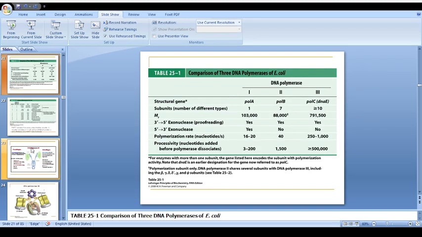Here is a comparison of 3 DNA polymerases of E. coli: polymerase 1, 2 and 3. Now we are going to see the largest polymerase, DNA polymerase 3, that is coded by the gene PolC or DnaE.